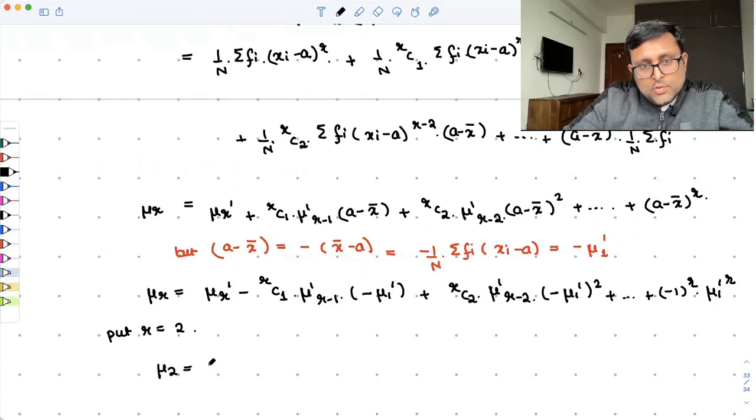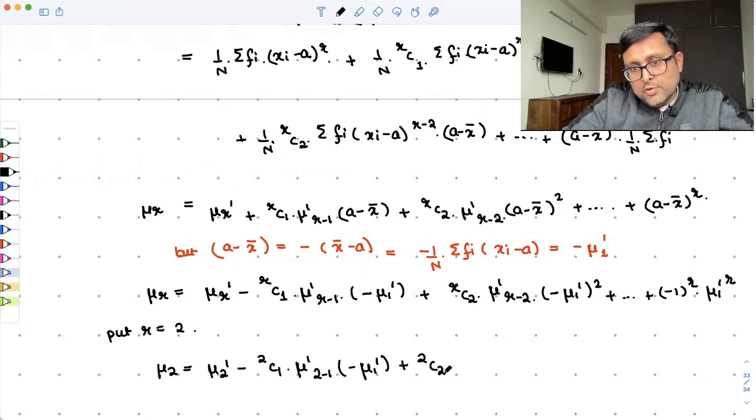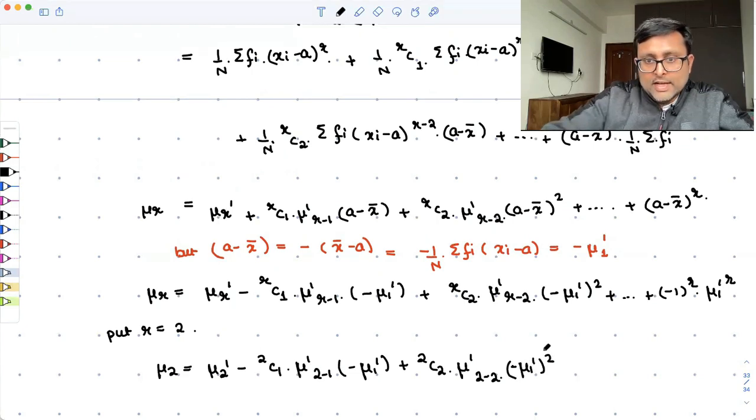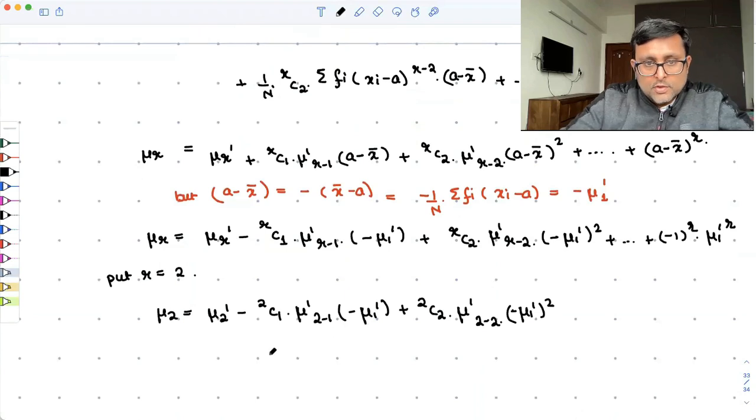So mu2 is equal to mu2 dash minus 2c1 mu dash 2 minus 1 into minus mu1 dash plus 2c2 mu dash 2 minus 2 into minus mu1 dash whole square, right?